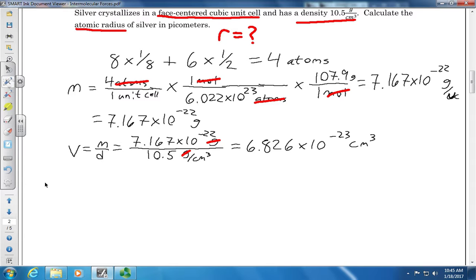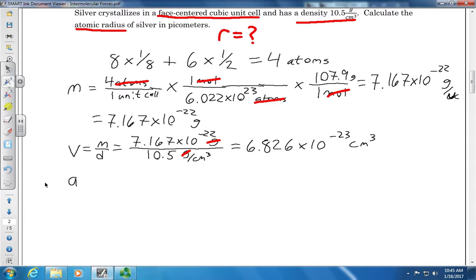The other thing to recognize is that, knowing what a face-centered cubic unit cell is, we can have an equation for area based off of volume and then an equation for radius based off of area. So, knowing that it's a face-centered cubic unit cell, we can take our volume information and calculate the width of a side, which they refer to in your book as the little a.